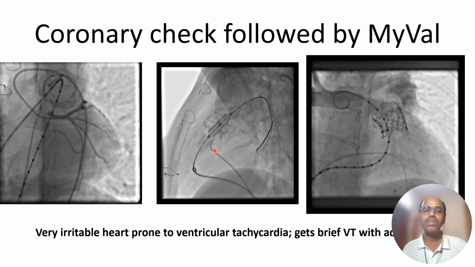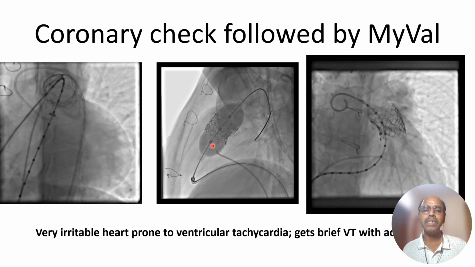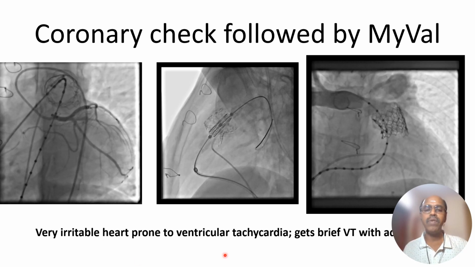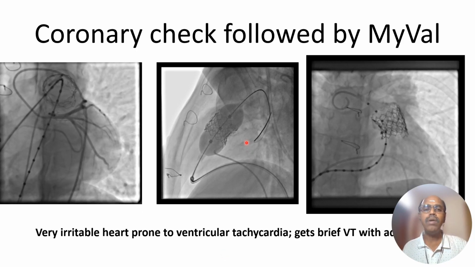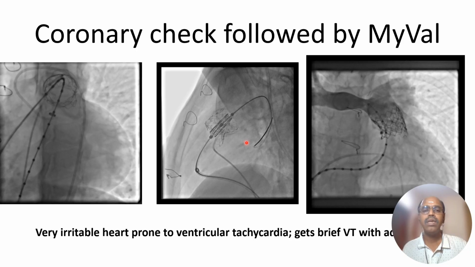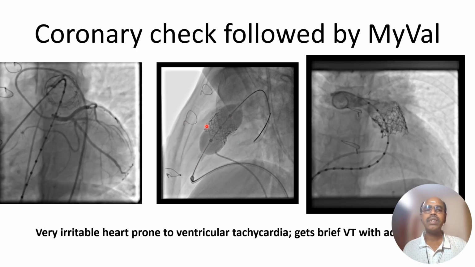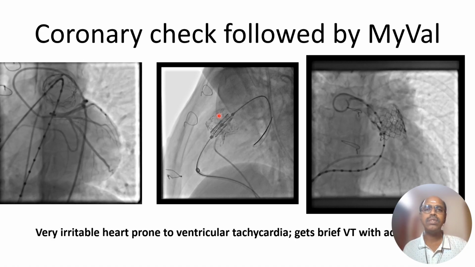Here you can find that there is a sort of ventricular tachycardia going on when the stent is being deployed. Very irritable heart, prone to ventricular tachycardia. There are some operators who always do RVOT pacing. I rarely do RVOT pacing because right ventricular outflow tracts, since they're scarred outflow tracts, don't move much.